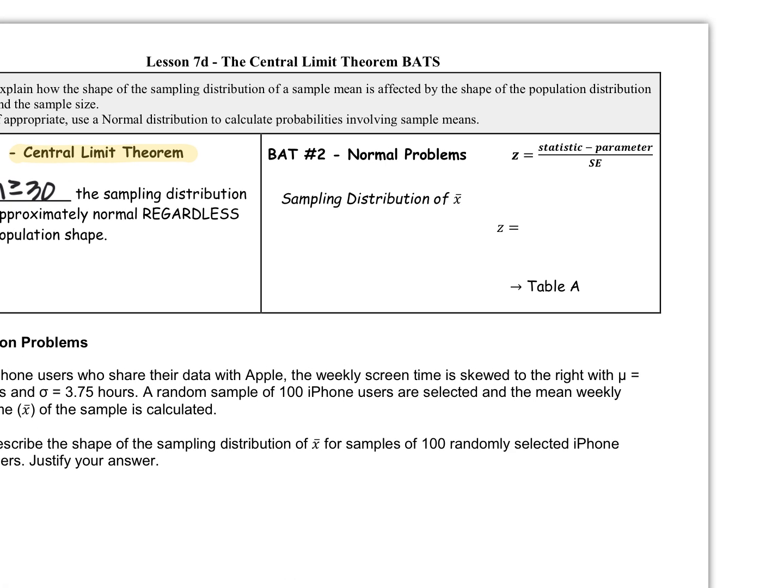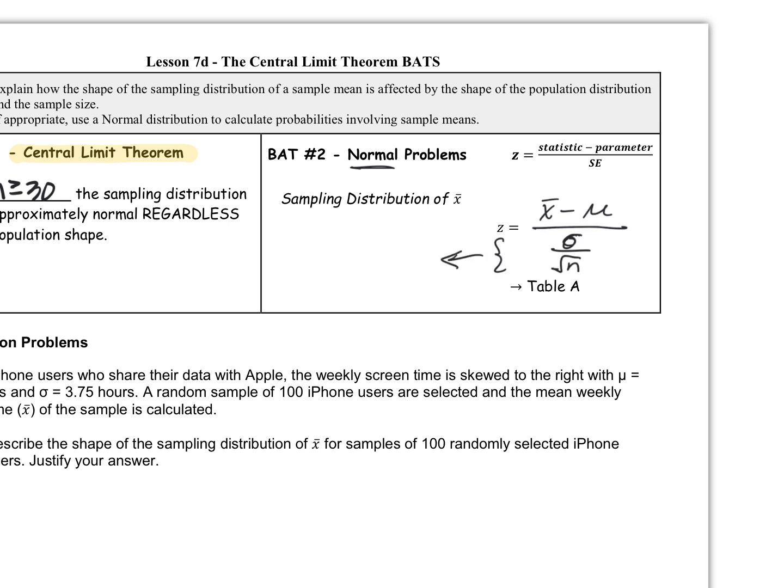When you're doing probability questions, you have to justify that it's normal first, and then you can do the z-score thing. Remember how I talked about yesterday? It's important to write the formula for the z-score because that's the way the tests are going to look, especially your final. So it would be x bar minus mu, the population mean, divided by the standard deviation divided by the square root of my sample size.